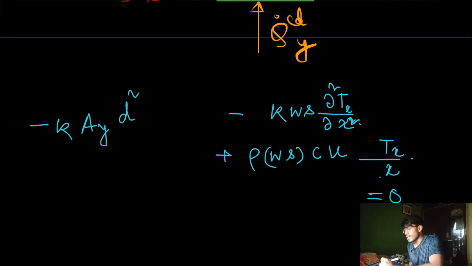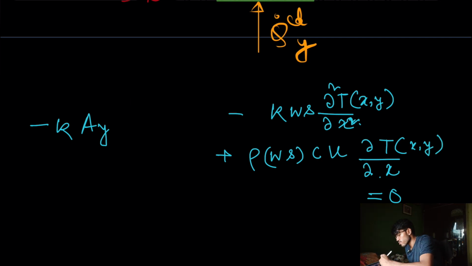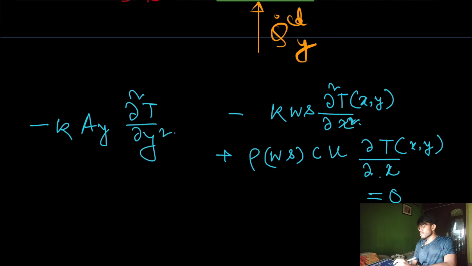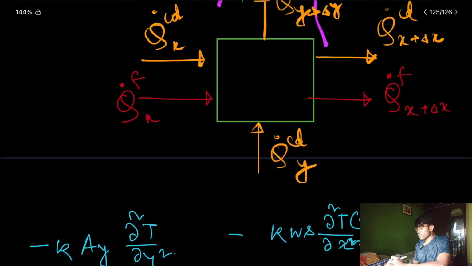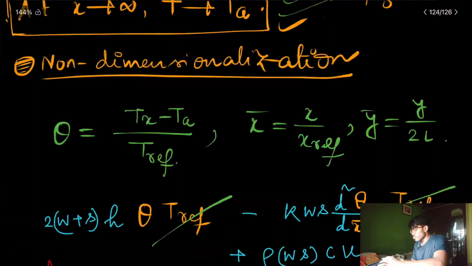It is better if you don't write the subscript x here. You can write T of x comma y. Del x, and here also you have to write del squared T by del y squared. And what will be this A_y?